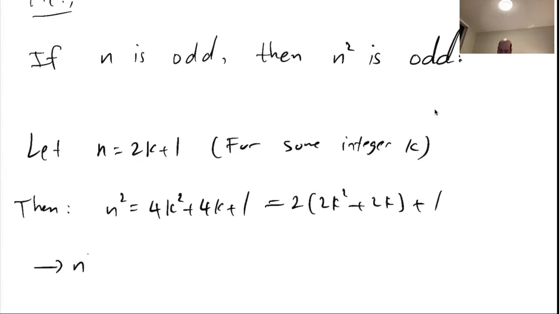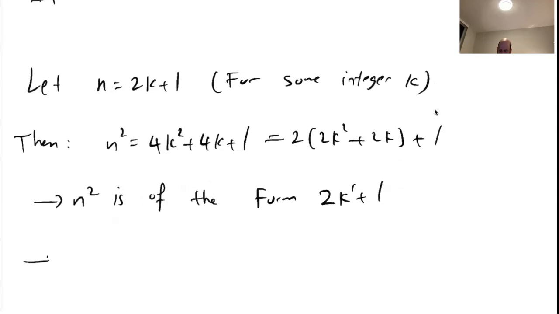So n squared is of the form 2k prime plus 1, and that means n squared is odd, as desired.